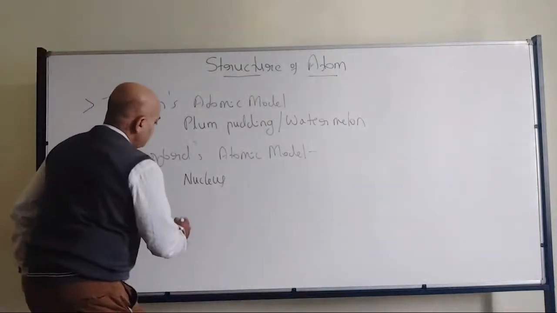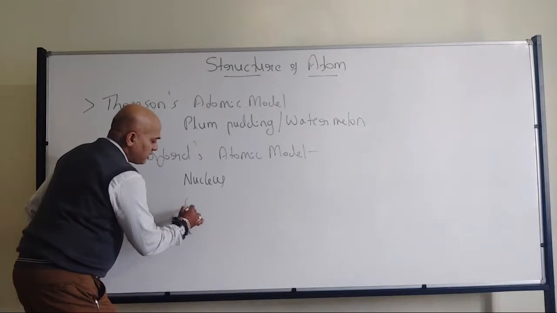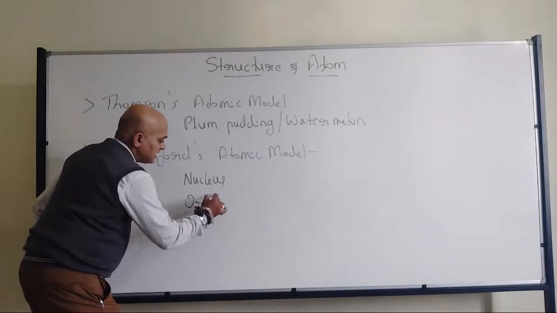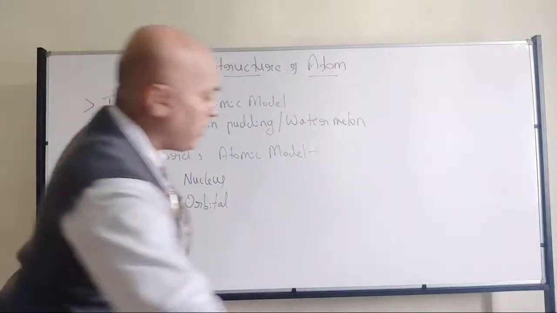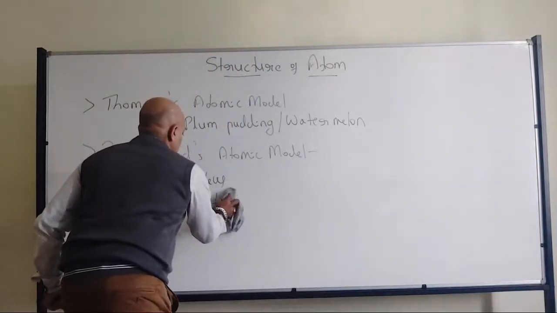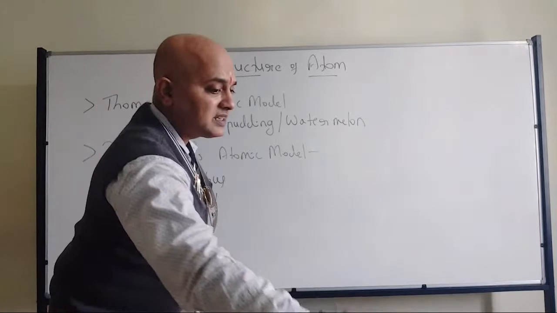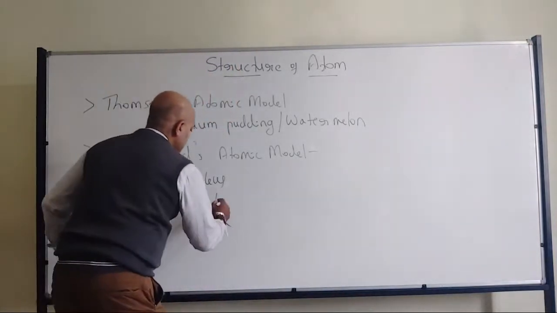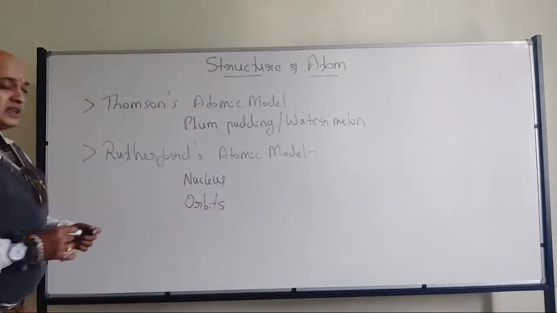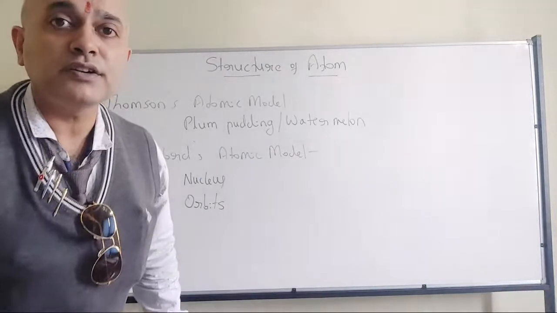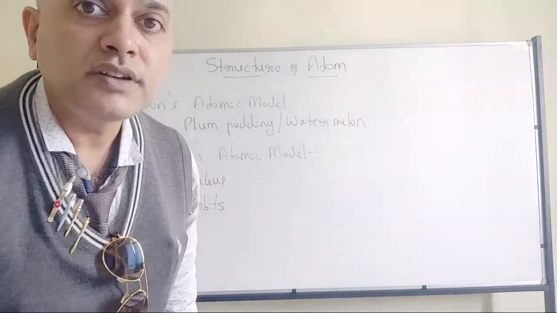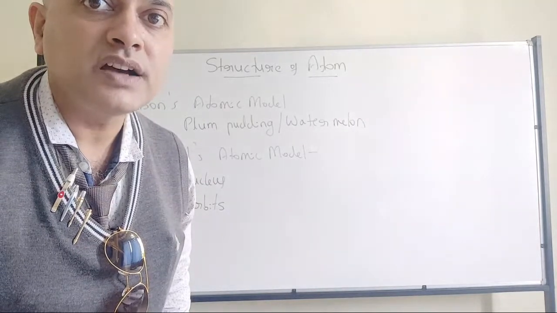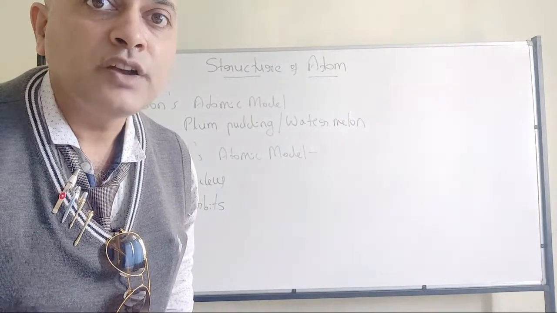Now he told that electrons will be revolving around the nucleus in a circular path called an orbit. Orbit, not orbital. Orbital we are going to discuss in the later part. So they are revolving around the nucleus.